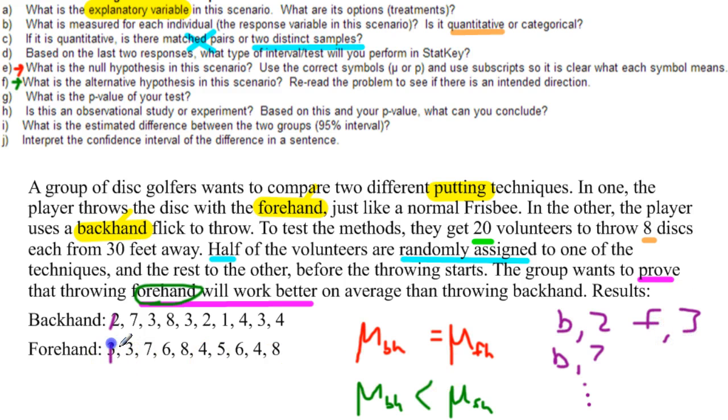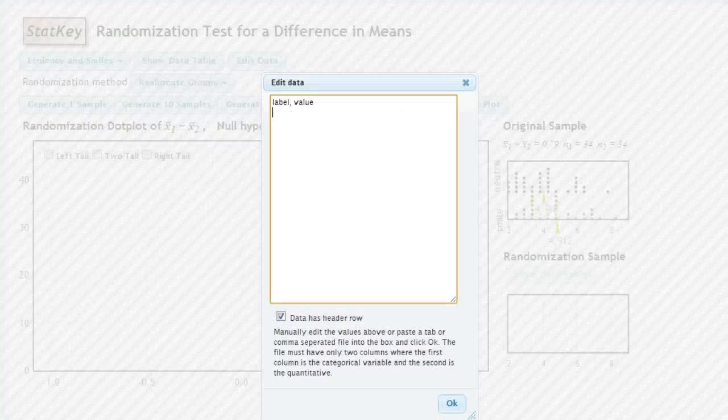And we have another forehand 3, so we'd enter that one in. And you would keep doing that all the way until you got all of these entered. So it's quite a few numbers. There's 20 volunteers, so you're going to have 20 different entries. Each line in StatKey represents a different individual. So if we start out with that first one, we have B, comma, 2.